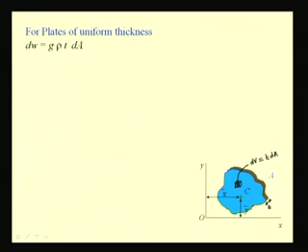So, we write dW, or the weight of this element, as g times rho times dV, which is T times dA.